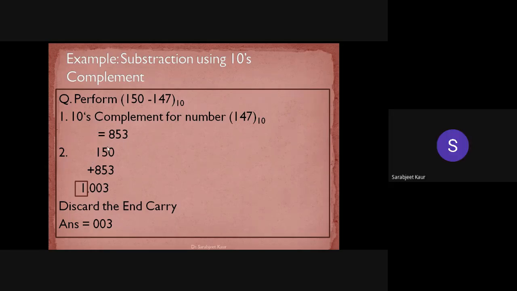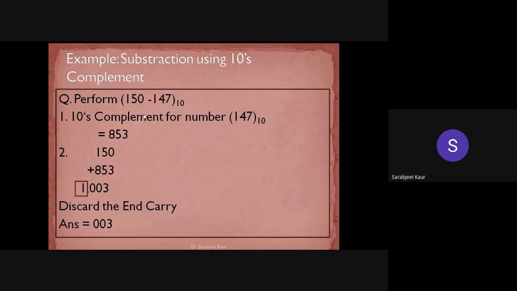Yes, ma'am. Step two is to add 150 to the tens complement of 147. So what do I get? I get 0, 0, 3, and an end carry of 1. What is the end carry?